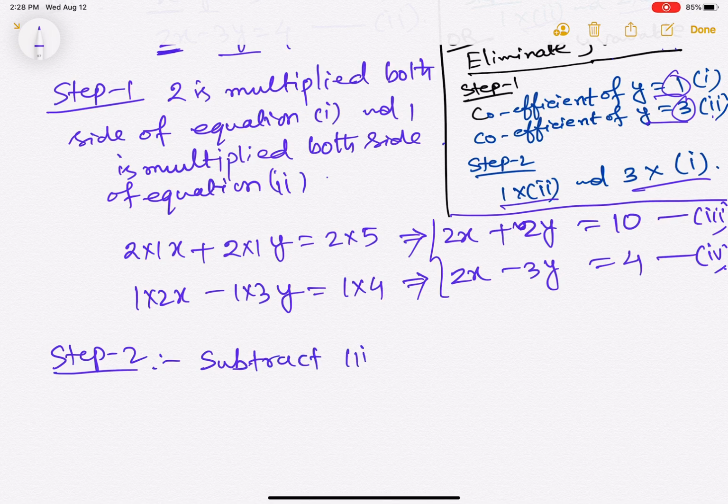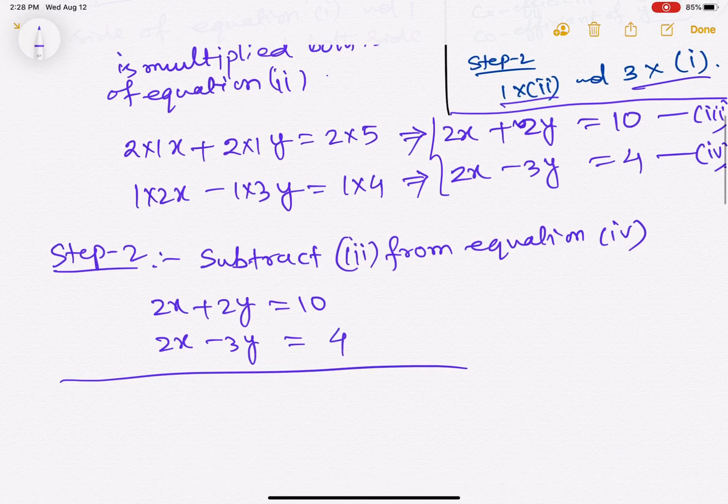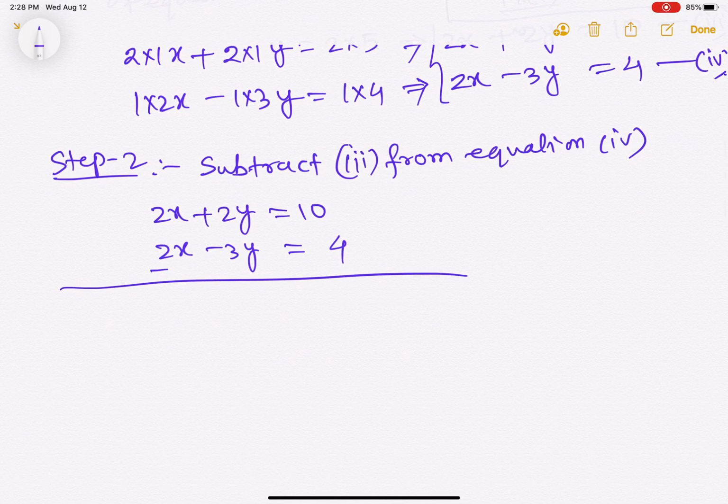of equation 3 from equation 4. So now we have 2x plus 2y equals 10, and the second equation is 2x minus 3y equals 4. So now subtract these two equations, and here minus plus minus.